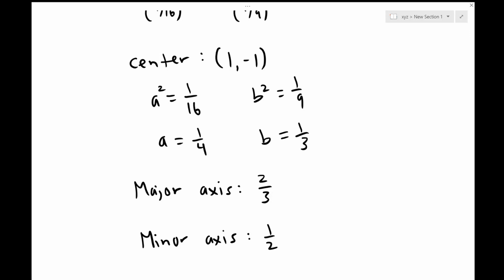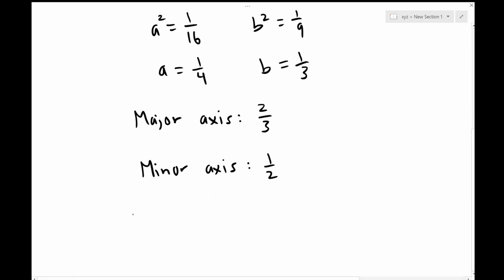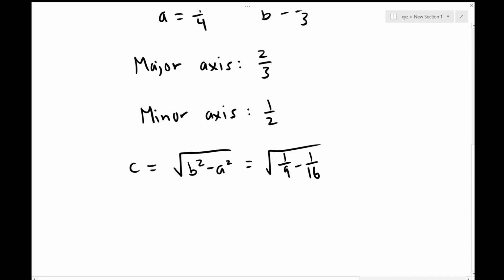As far as identifying the coordinates of the foci, we'd still use the value of c, which would be equal to the square root of, in this case, b squared minus a squared. So we would take the square root of 1/9 minus 1/16. So subtracting these, you'll end up with 7 over 144, and simplifying that, you get the square root of 7 over 12.